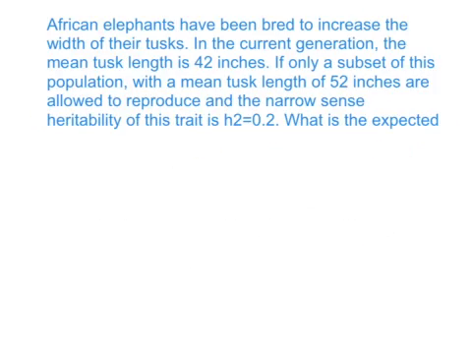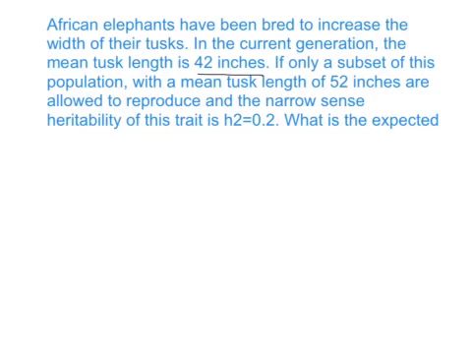So let's do a quick example just to make sure we have this down. As we read, we'll take note of what we do know and what we don't know. African elephants have been bred to increase the width of their tusks. In the current generation, the mean tusk length is 42 inches.